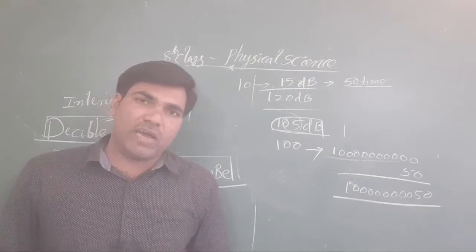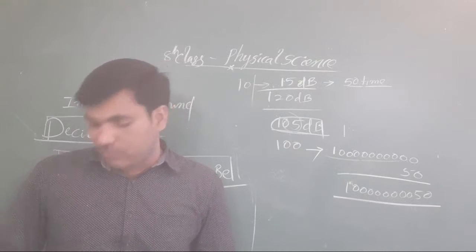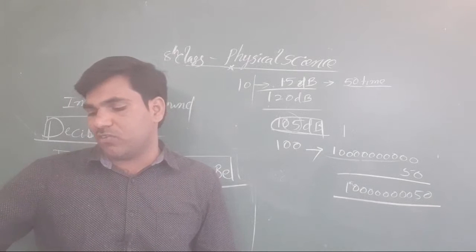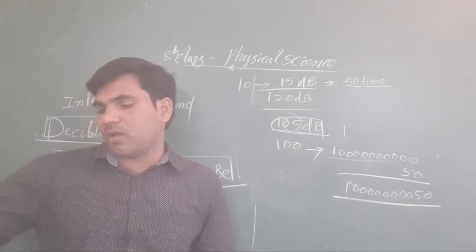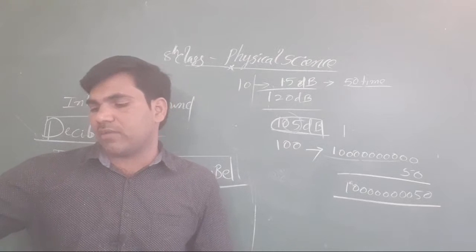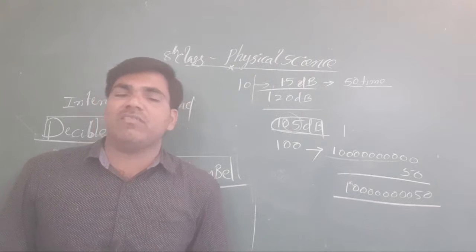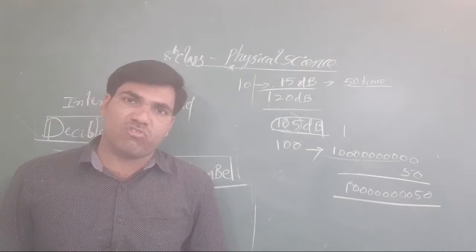Show how the intensity varies, and also write the difference between the whisper and normal conversation, or normal conversation and the lawn mover, or the lawn mover and the car horn. Like this, you practice problems based on the intensity of sounds.